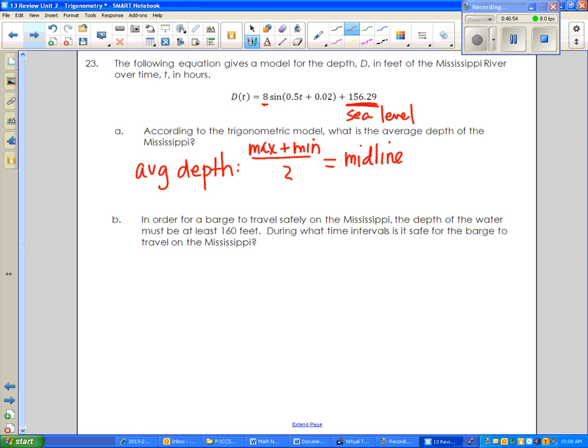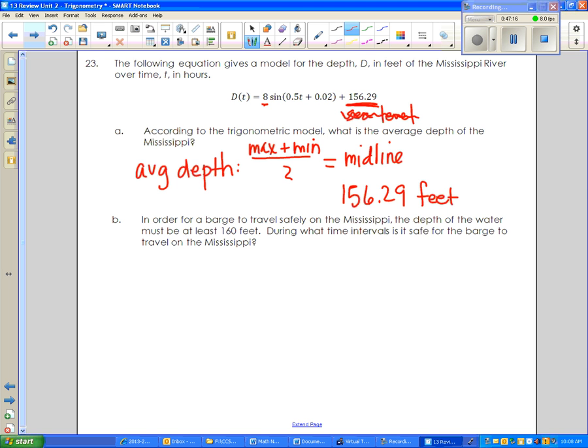And so the midline in this case is going to be 156.29, and maybe that's not sea level. Pretend I didn't say that. But the average depth of the Mississippi River is going to be 156.29, and because this is a real-life quantity, I also want to make sure that I use appropriate units.